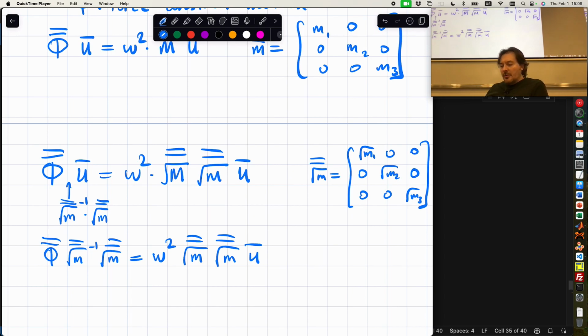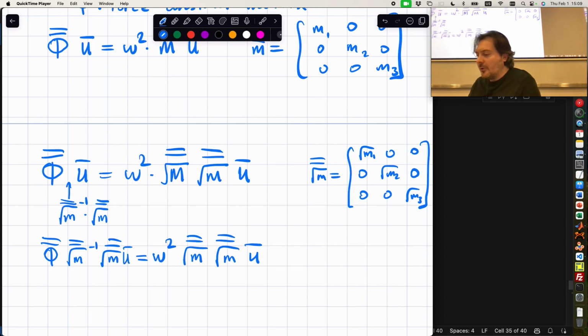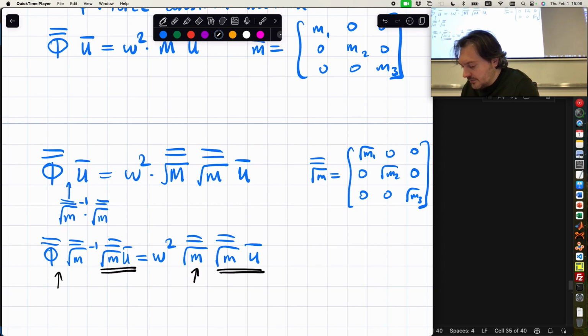Now, sorry, there's U here, right? We are almost there because now we have a vector that looks like each other, right? But I still have this matrix here, and this matrix over here is not symmetric anymore.